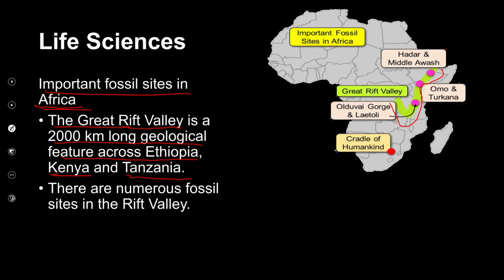So it has quite a few sites there. You can see there's Hadar and Middle Awash, Omo and Turkana, the Olduvai Gorge and Laetoli. So that's where the Great Rift Valley stretches across. Okay, and there were numerous fossil sites that were found in this Rift Valley.